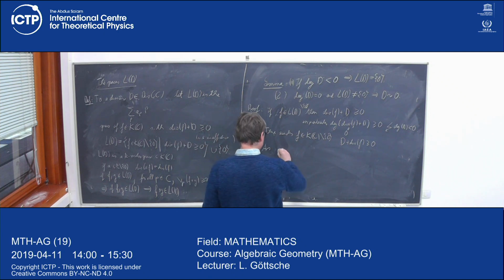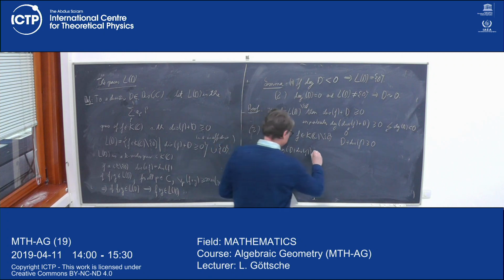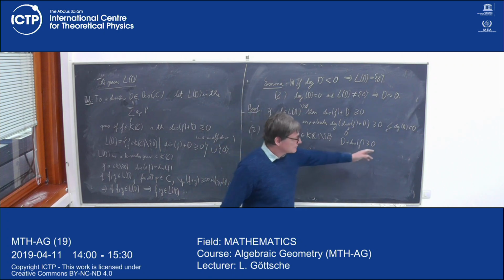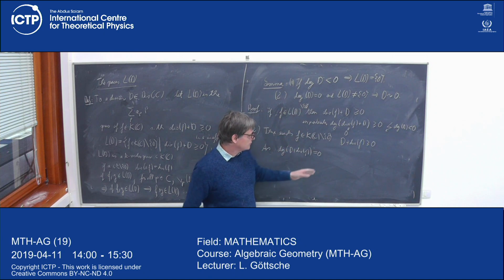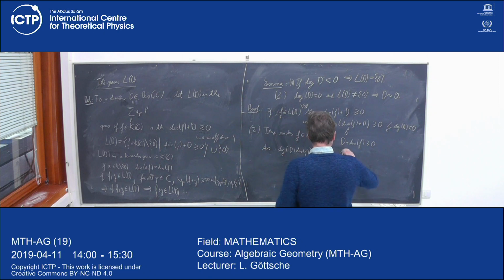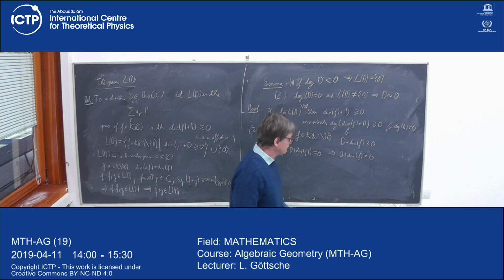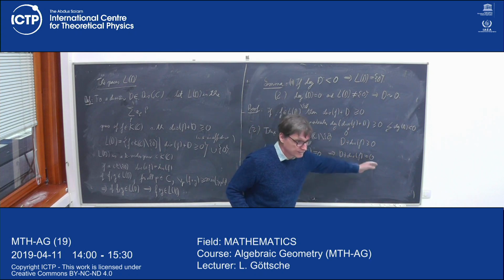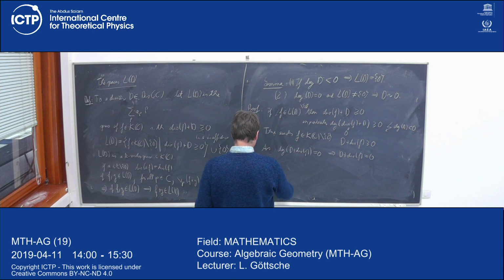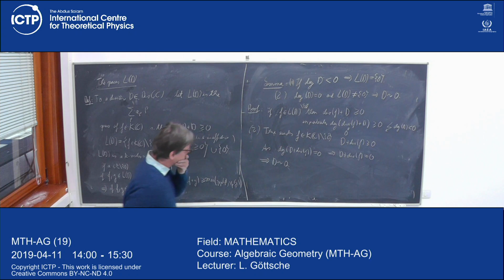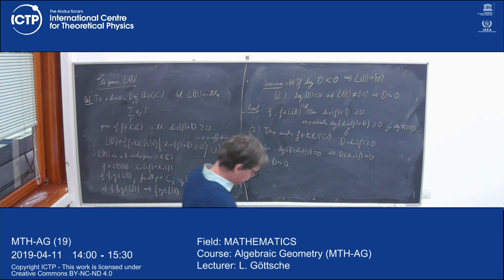We also know that the degree of D plus the divisor of F is still 0. So all the coefficients are non-negative and the sum of their coefficients is 0. So it follows all the coefficients are 0. It follows that D plus the divisor of F is actually the 0 divisor. So therefore, D is linear equivalent to 0. So this is an easy lemma.